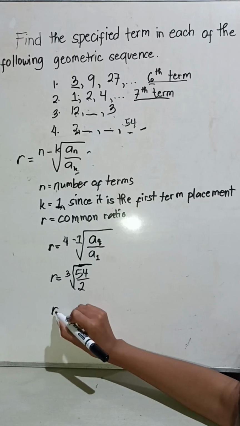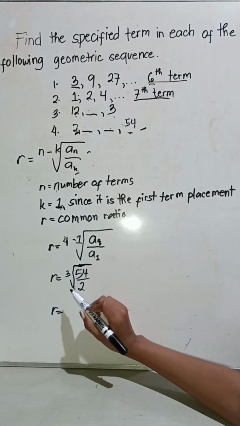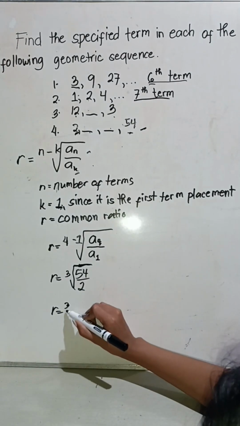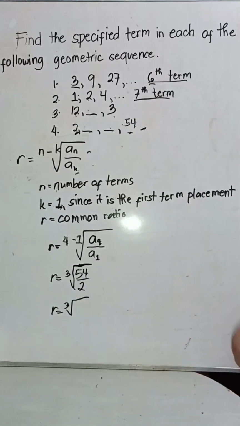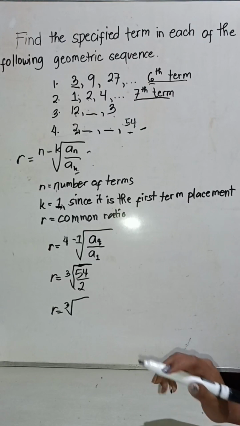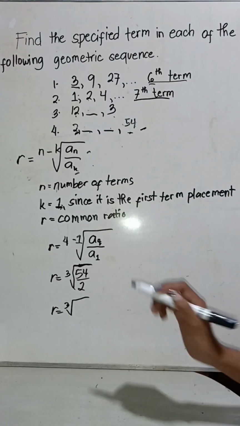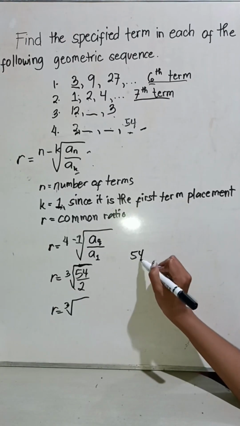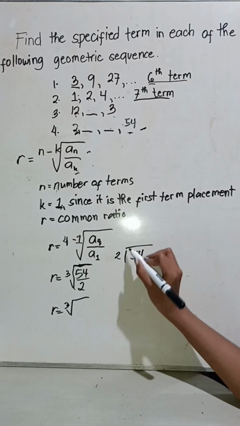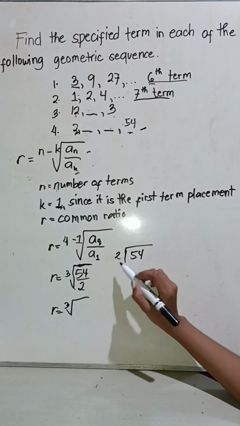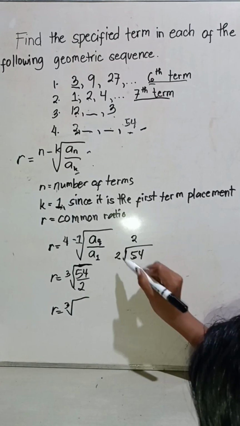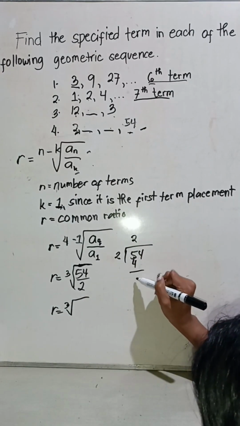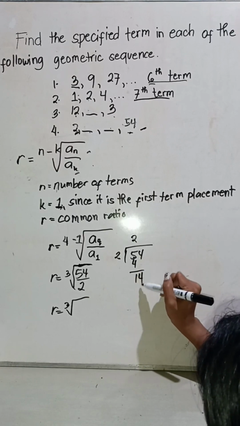Then r is equals to, copy the 3, square root of 54 divided by 2. How much? So we have 54 divided by 2. Manual, ha? So, 2 times 2, 4. 1, bring down 4.